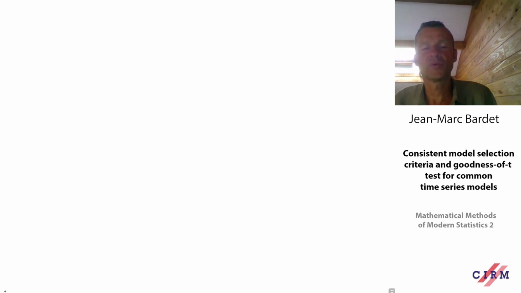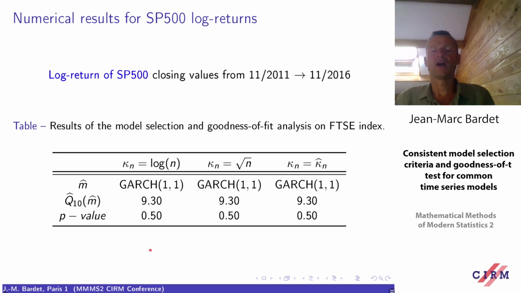Okay, so perhaps I will leave this, and I will go back to our first example for the log return of the stock prices during 5 years, and using kappa n equal to log n, or kappa n equal to square root of n, or kappa n equal to what is given by the slope heuristic, we always find as optimal model the GARCH 1-1 model.